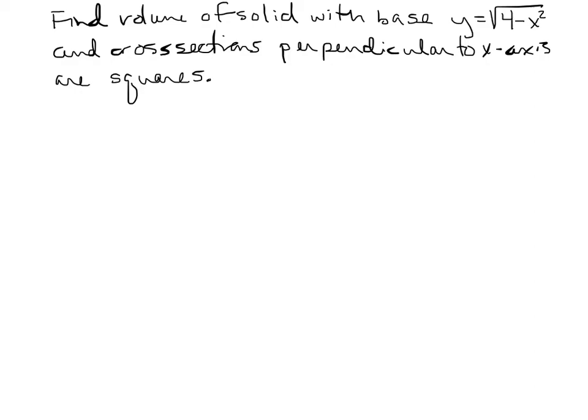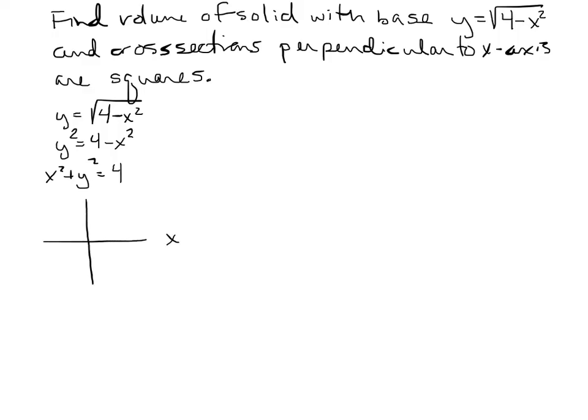Okay, so the first thing I'm going to do is I'm going to draw a picture of this base. So I've got y equals the square root of 4 minus x squared. If I square both sides, I should get y squared equals 4 minus x squared. And then if I add x squared to the other side, I get y squared plus x squared equals 4. Okay, that's a circle.